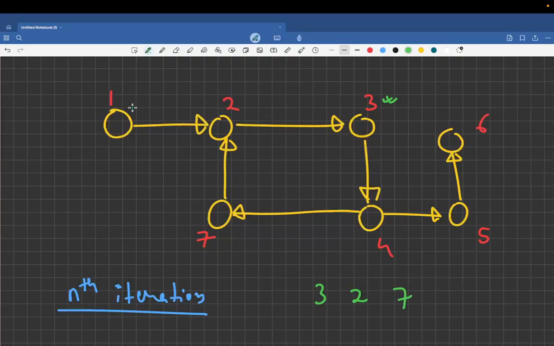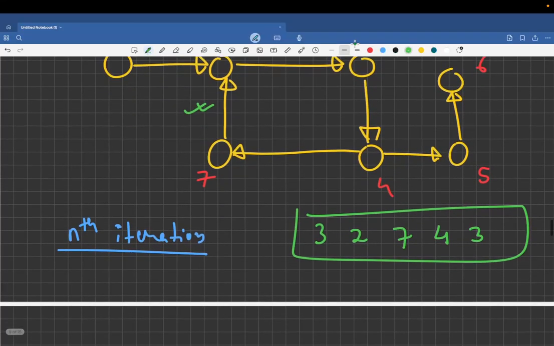It will be 7, it won't be 1, because we have performed the nth iteration, and this particular edge should definitely have been relaxed because this is a negative weight cycle, right? So definitely I will have the parent as 7. Then from 7 I go to its parent 4, and from 4 I go to its parent again 3, and I will simply reverse this because I need to print a cycle.